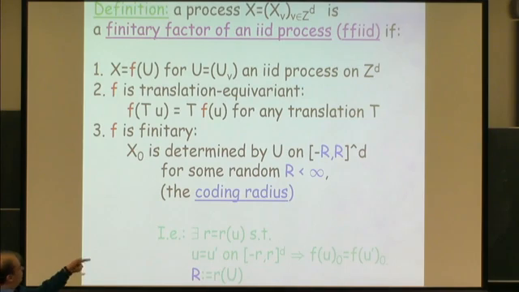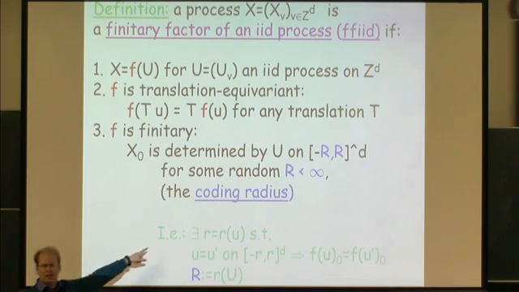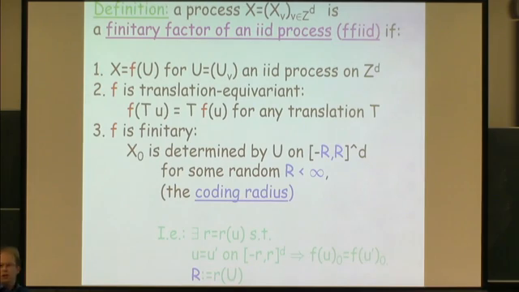If you want a formal definition, it means that there exists some radius r that depends on the U's, the whole process of U's, so that if you have two families of IID U's that agree on a box of radius r, and it's a box in the L infinity norm here, but it's not really going to matter, then the resulting values at the origin agree.